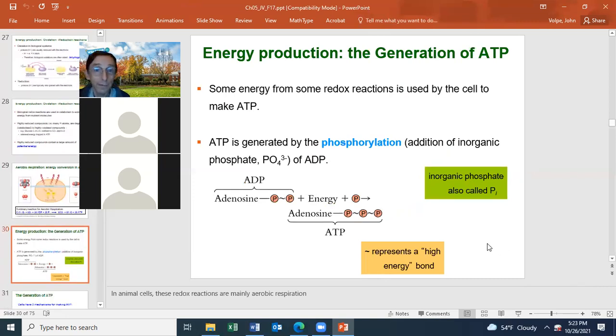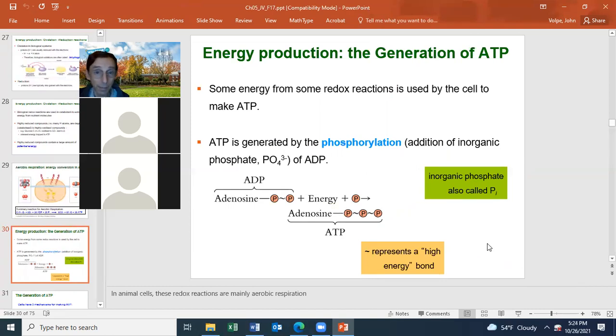So when energy is produced by the cell to make ATP, this energy will be released by redox reactions, and then the cell uses that energy from the burning of glucose or some other food molecule to make ATP.